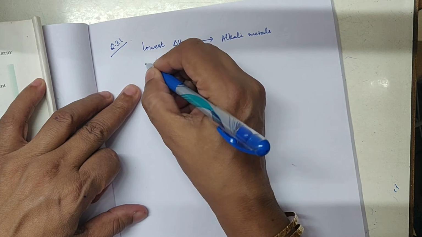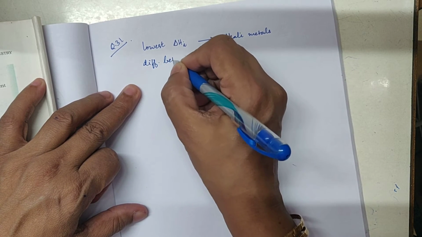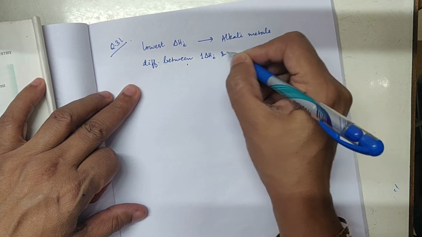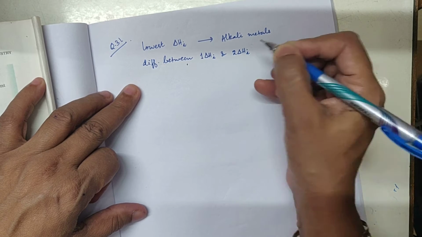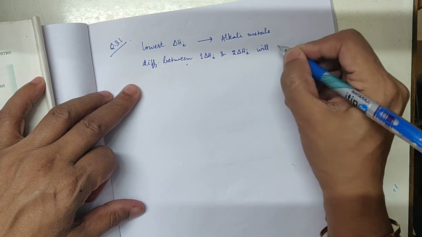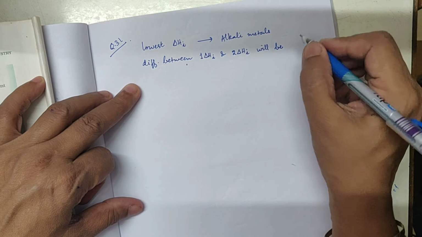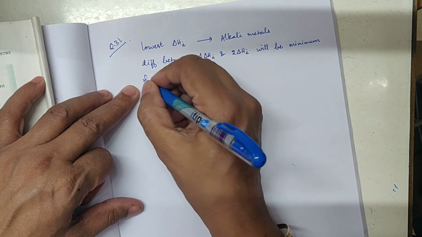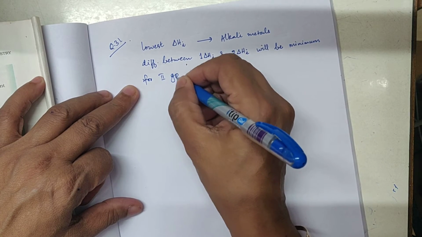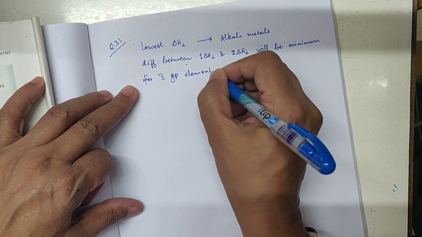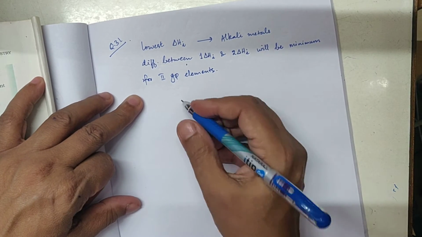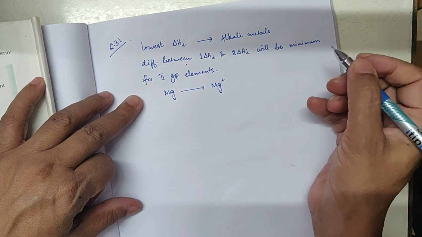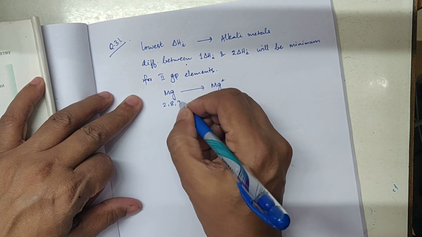Then the difference between first ionization enthalpy and second ionization enthalpy will be minimum for second group elements. Okay? Why? Because, say for example, Mg, it loses one electron to become Mg plus. The configuration is 2,8,2 here.